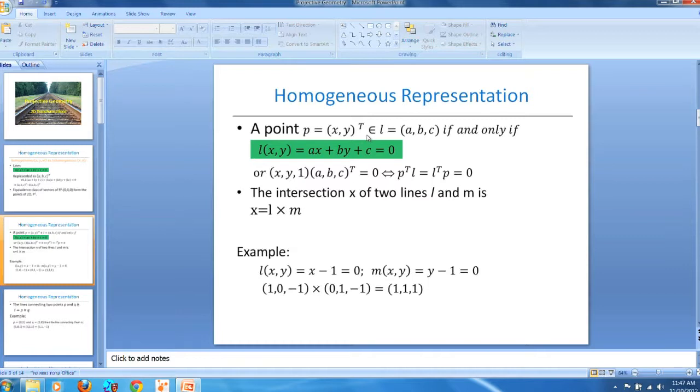What we realize about the representation is that if we take P transpose and multiply it by L, where L is represented as ABC, then if point P is on L, P transpose L gives us 0, and L transpose P gives us 0.